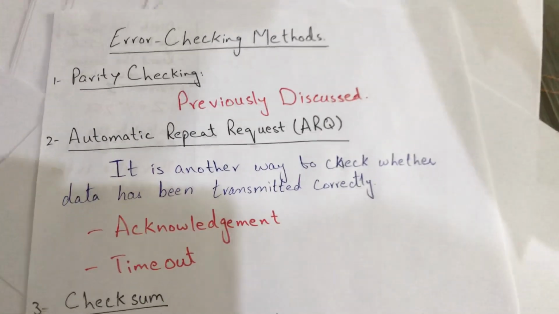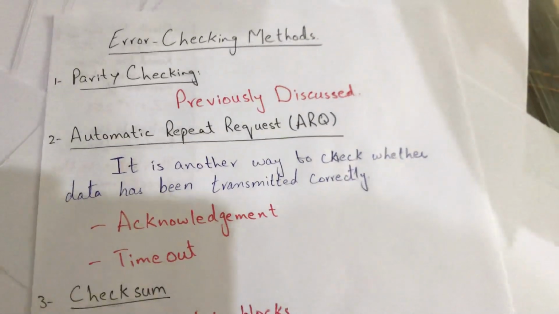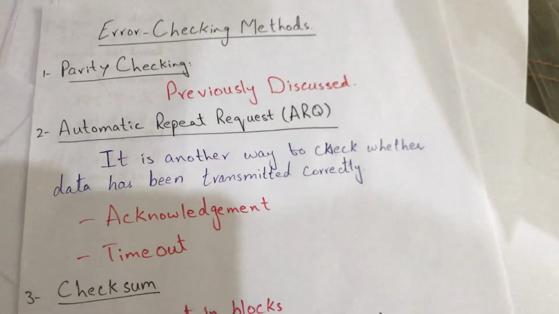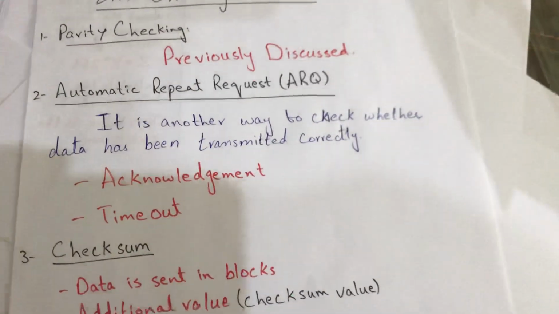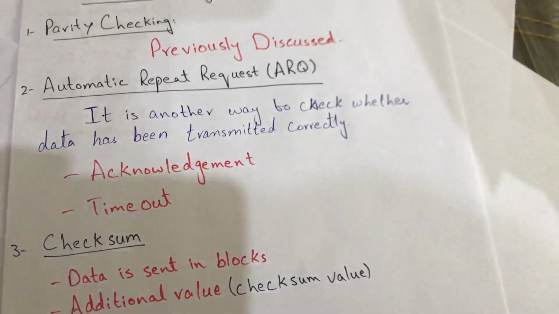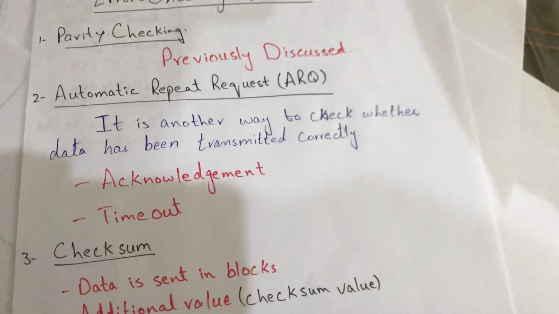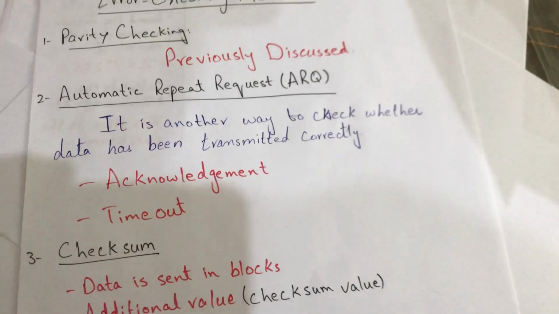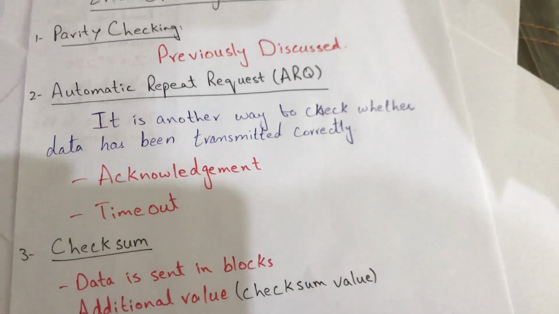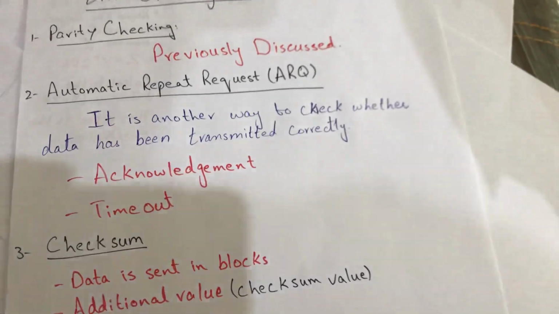Here are the two factors, that is acknowledgement and timeout. Acknowledgement means a message is sent by the receiver which indicates that the data has been received correctly, and the second one is timeout, which means the time allowed to elapse before an acknowledgement is received.